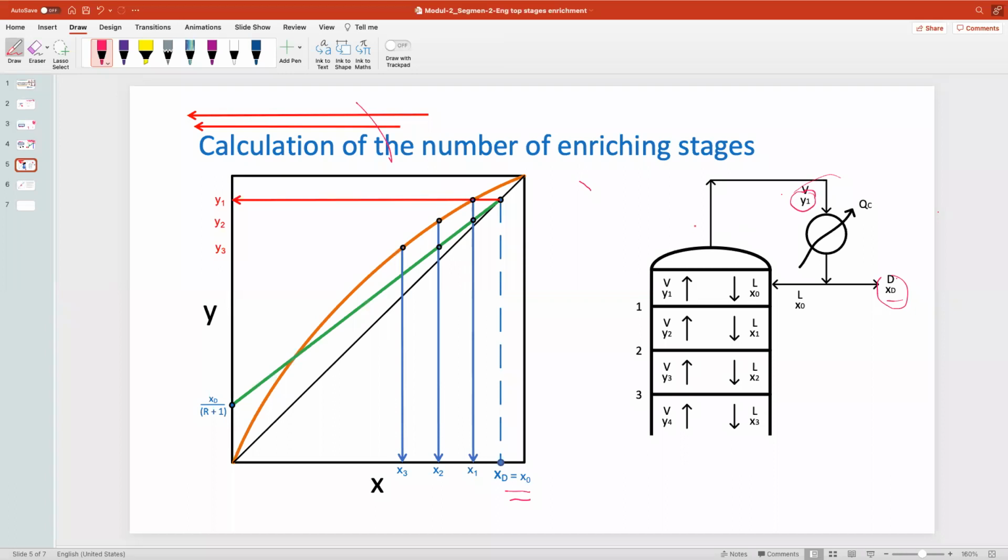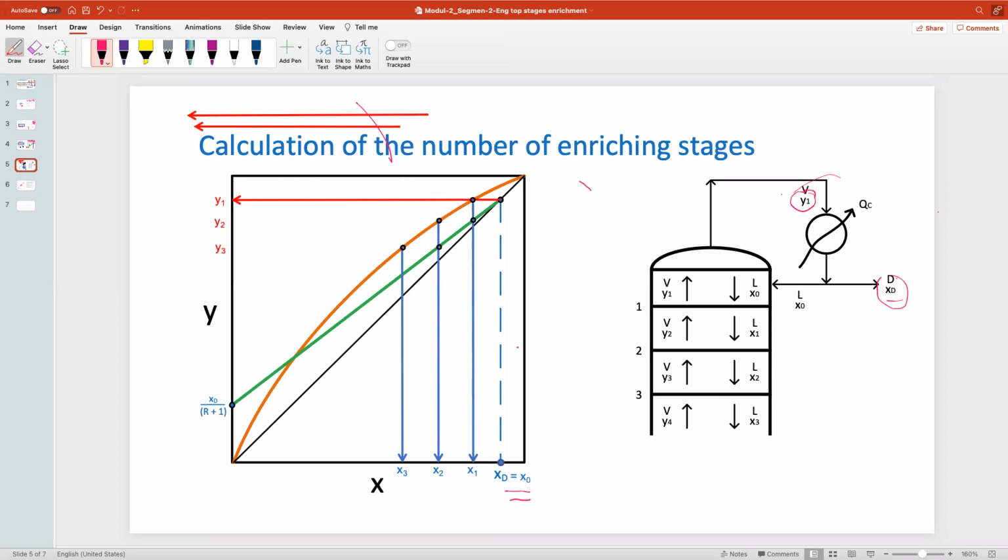So the composition of Y1 should be the same. The composition of Y1 and XD should be the same. This one Y1, for example, is 0.95.